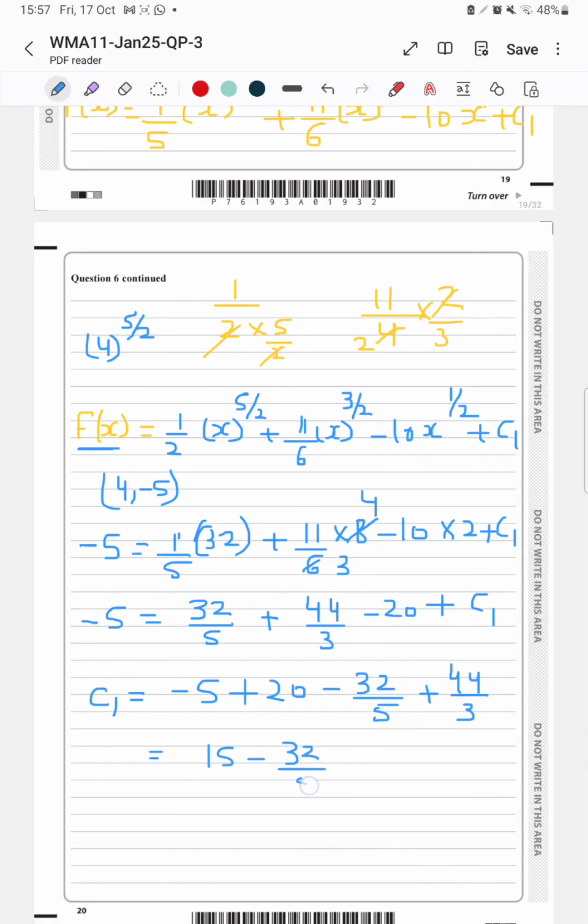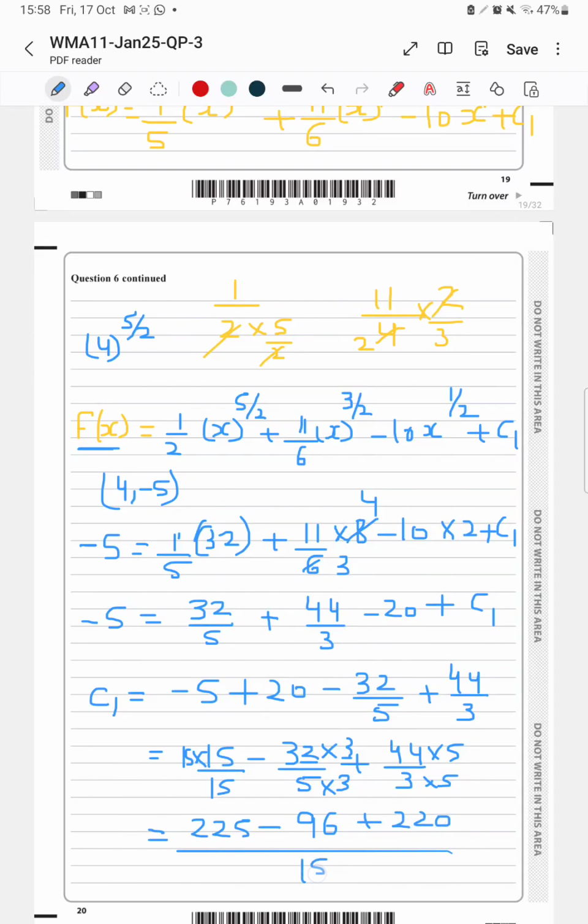Now I can make the denominator the same, 15: times 15 here, times 3 here, and times 5 here. So I got 15 times 15 is 225, minus 96, which is 32 times 3, and plus 220, that is 44 times 5, over 15.